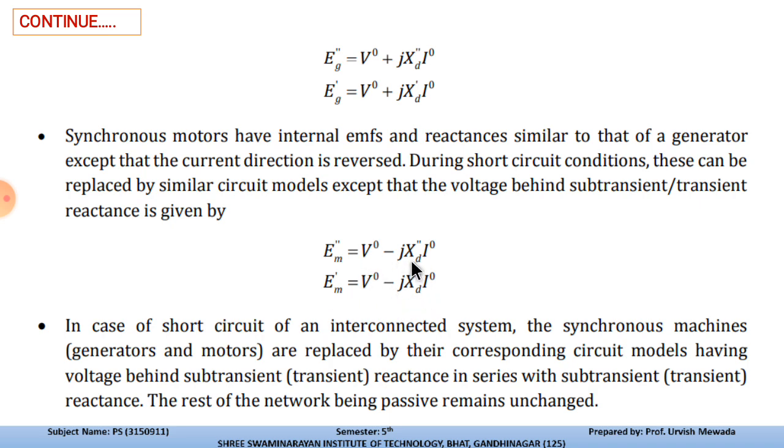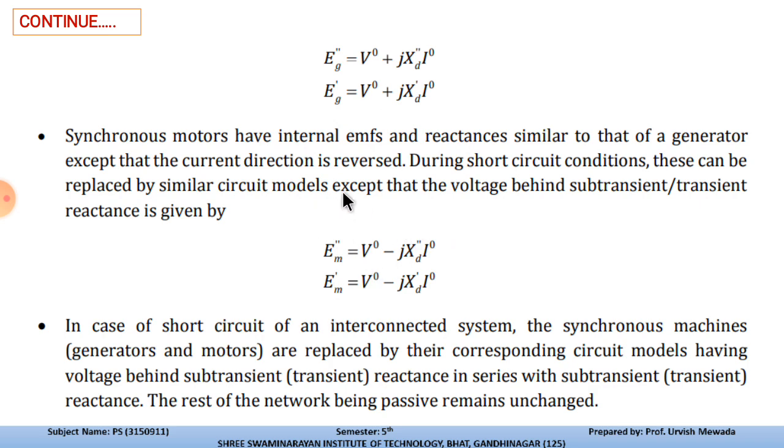This is the condition while the reactances appear in the circuit one by one, from the transient to subtransient and steady state condition. According to the reactances that come into the picture, we can write the equation of the EMF of the motor as well as the generator.